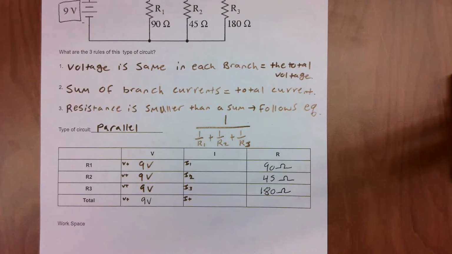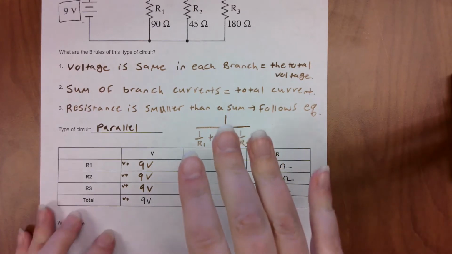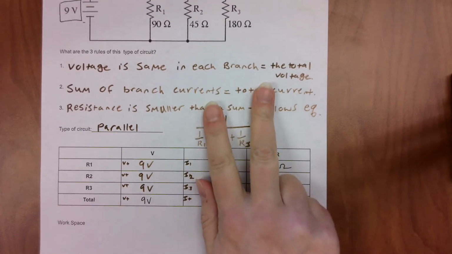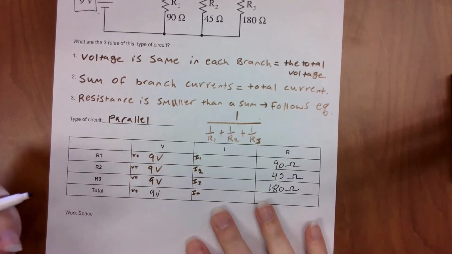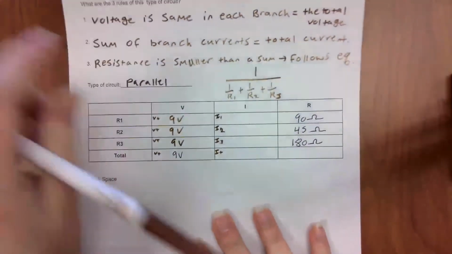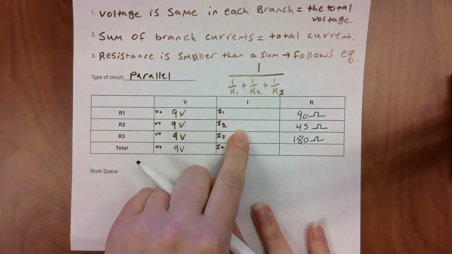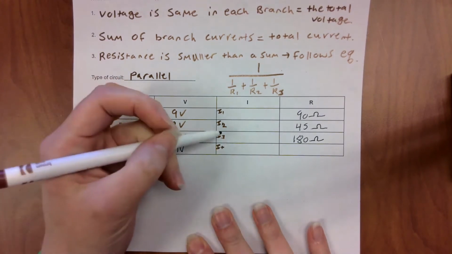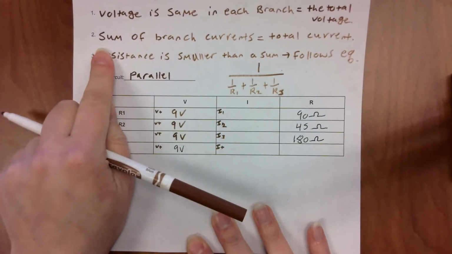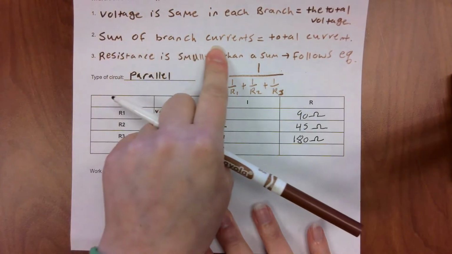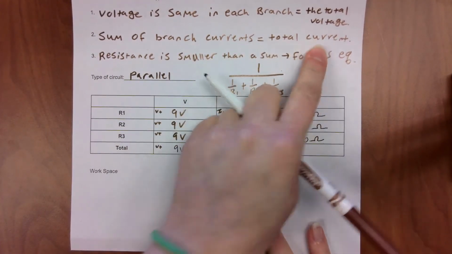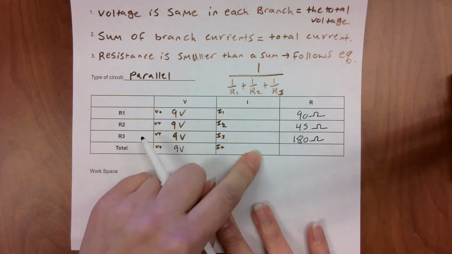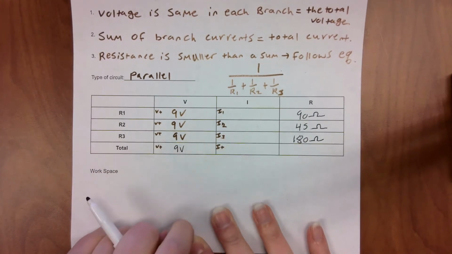Which means that we can go about filling the rest of these out in 1 of 2 ways. The first way is that we can use Ohm's law to determine the current in each of these branches, and then using our second rule, the sum of all of your branch currents equals your total current. Once we find the current here, we can add it to the total there. Okay.